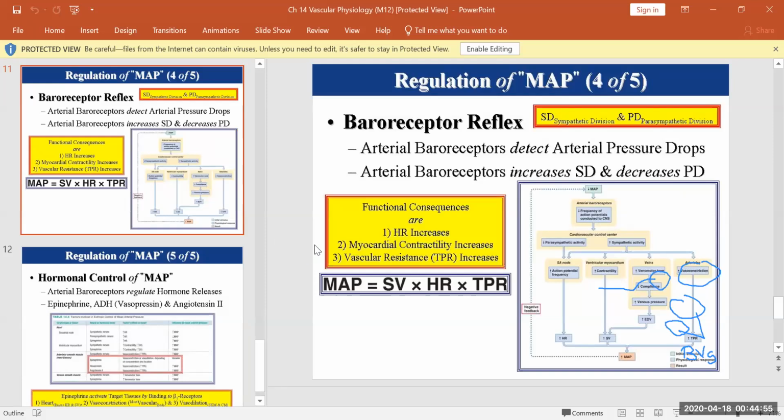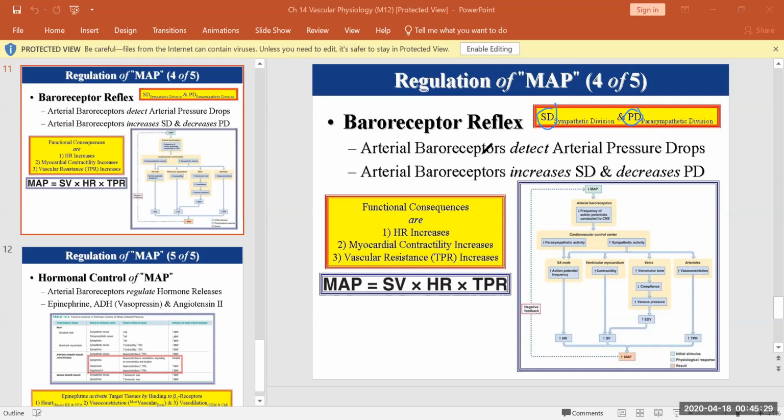So moving on to the details here. Oh, I forgot to erase this. So the baroreceptor, the parasympathetic division. SD stands for sympathetic division, and so over here, PD stands for parasympathetic division. So what's going to happen? We talk about this.